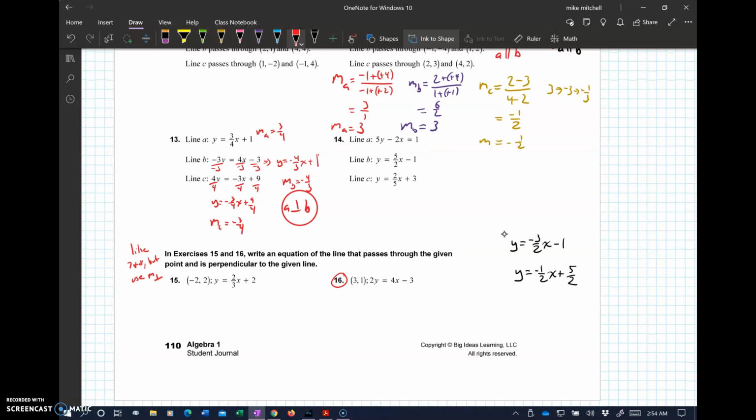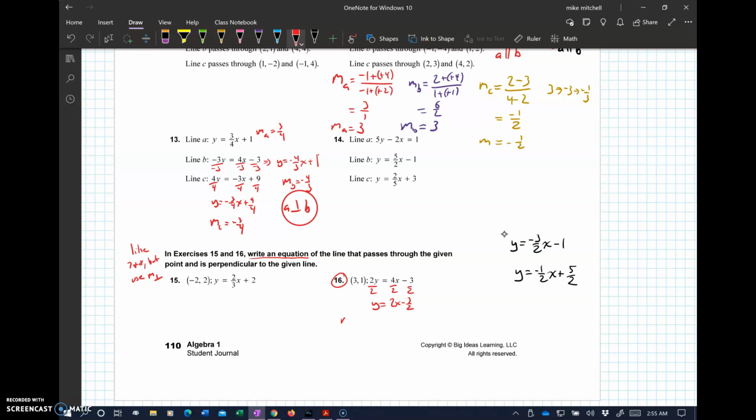So the last section here, write an equation of a line. Writing the equation of a line is a big thing. Okay, let's do the second one. These are scrambled answers over here. Divide by 2, divide by 2, divide by 2, y equals 2x minus 3 over 2.